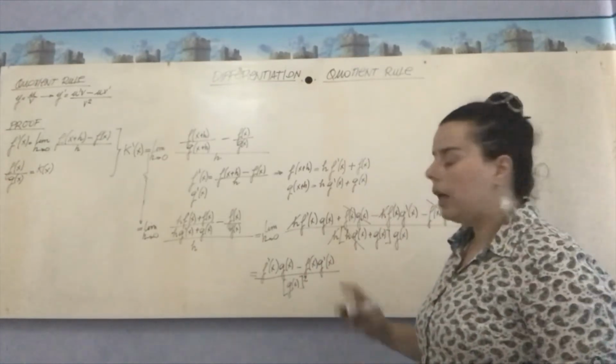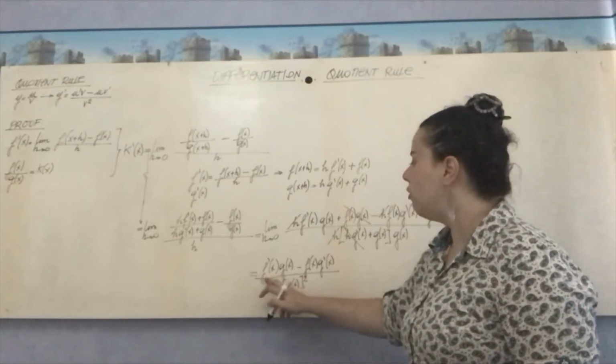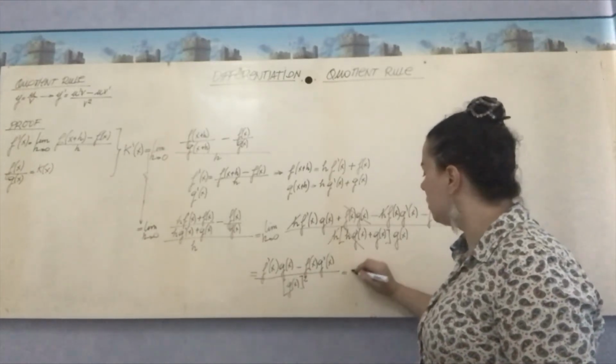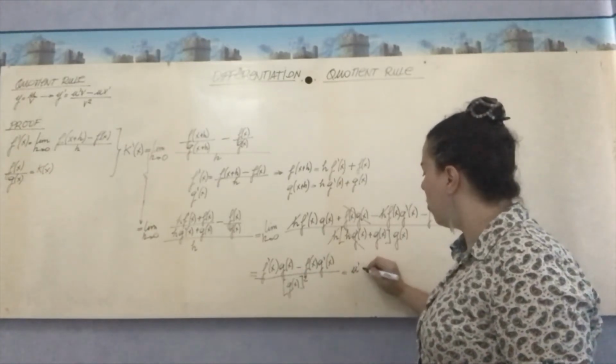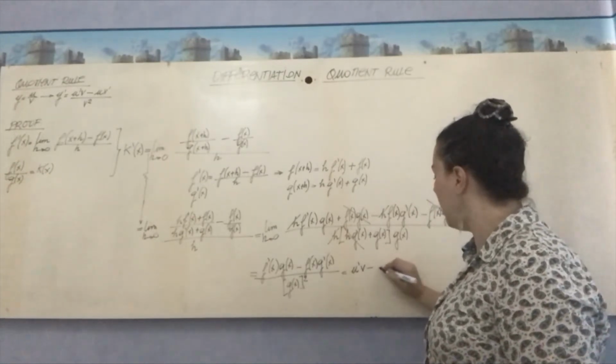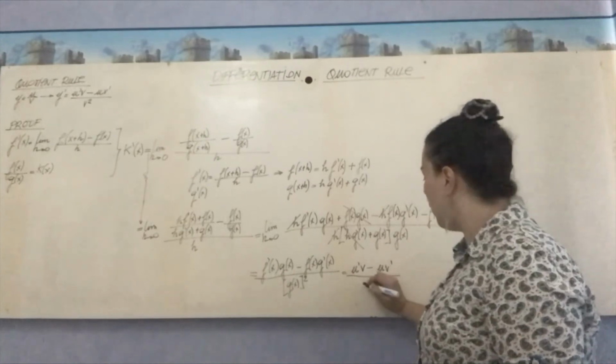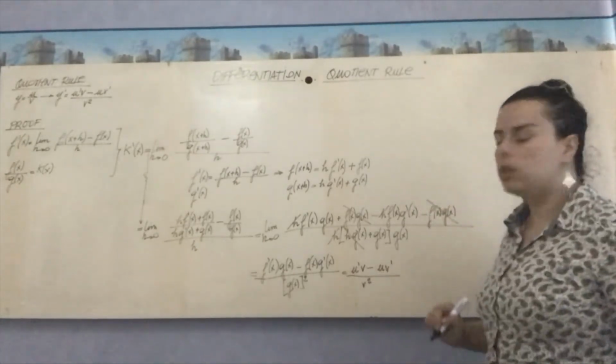If I call f of x u and g of x v, that turns into what? u prime times v minus u v prime, all of that over v squared.